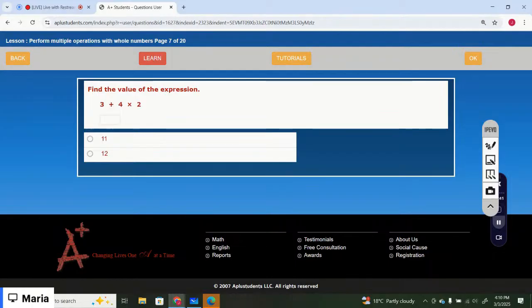Find the value of the expression, which is the correct option? 4 times 2 is 8, and 8 plus 3 equals 11. Option number 1 is the correct option.